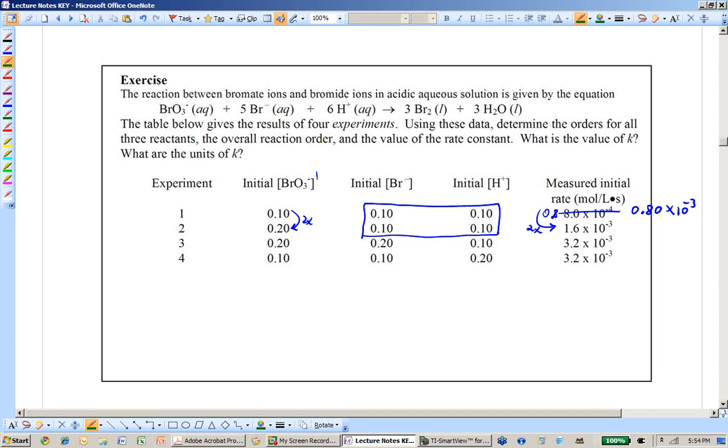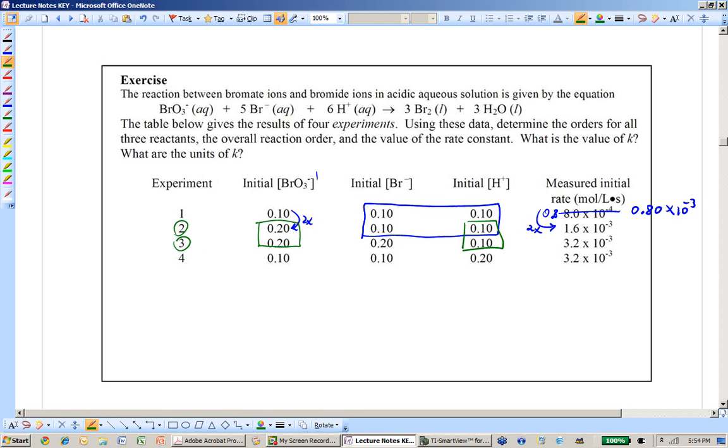I really want to focus on that middle bromide. So what can I use? Oh, the middle 2. Okay. Sometimes it takes a minute to see it.